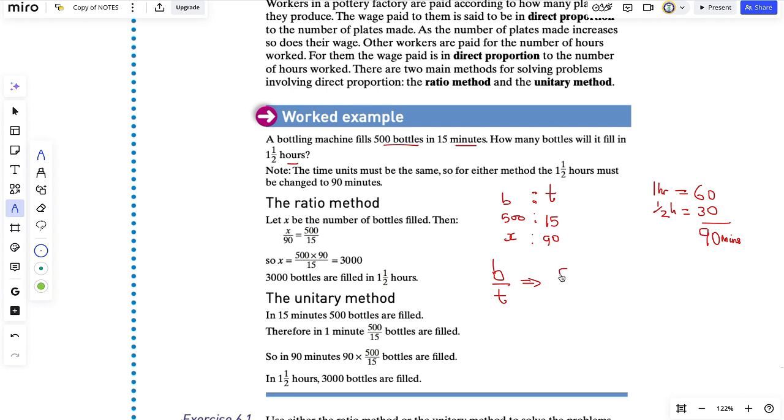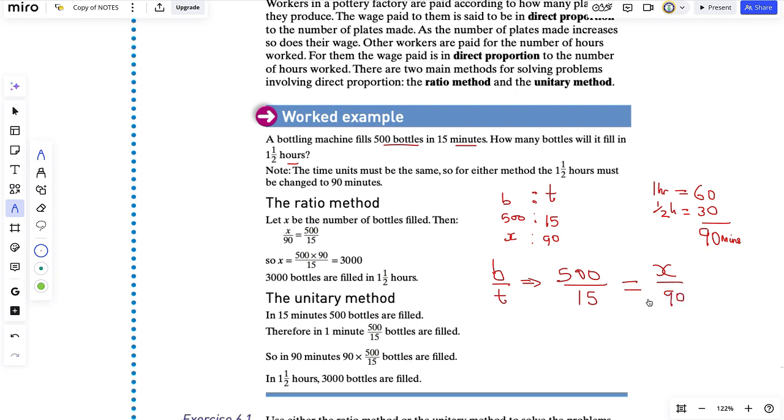So I'll write 500 over 15. Or you just cross multiply. You say this times this is equal to this times this. It's the same thing, but we're just illustrating it in ratio form. So you say 500 over 15 is equal to the other one, bottle over time. What is the number of bottles? We don't know, we say x. So we say x over, what's the time? 90 minutes.